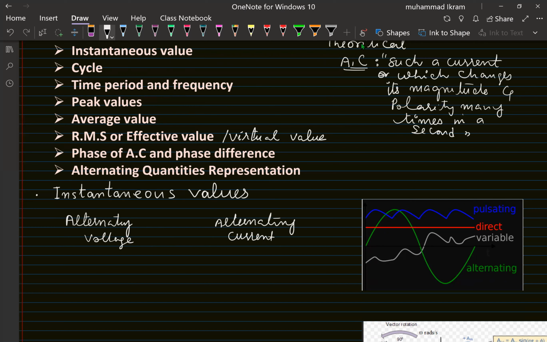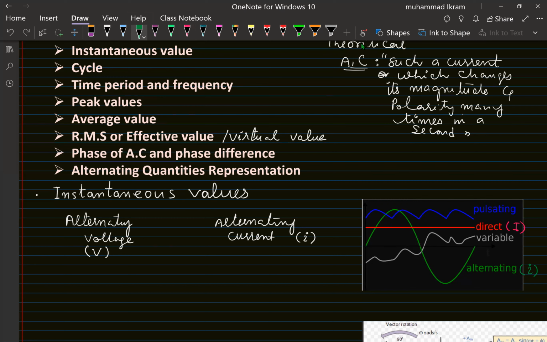Usually the alternating voltage is denoted by small v, and the alternating current by small i. Usually the capital I stands for direct current only, right? So the direct current can be represented by capital I, while the alternating current is best represented by small i, so that we can differentiate between the two.